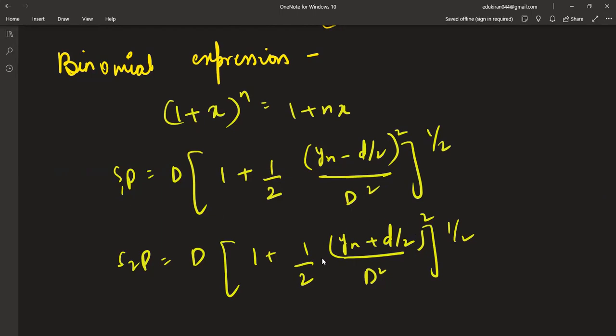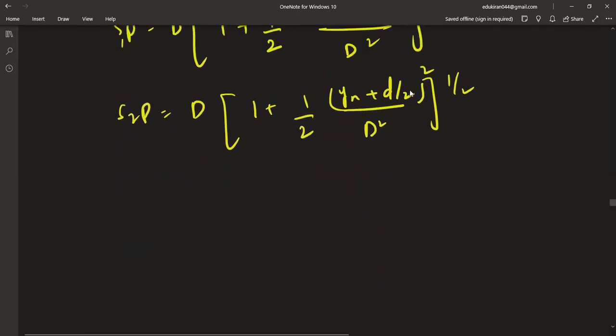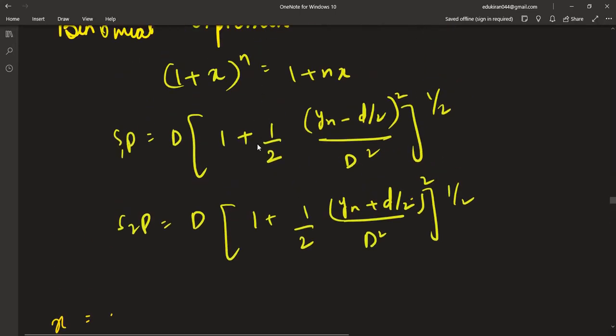So when we multiply half, our aim is to find out that half. See, when you expand it, yn plus d by 2 whole square, this is like a plus b whole square. So x, that is the separation, x will be, this is S2P. Similarly, you have S1P is this, 1 plus half yn minus d by 2.